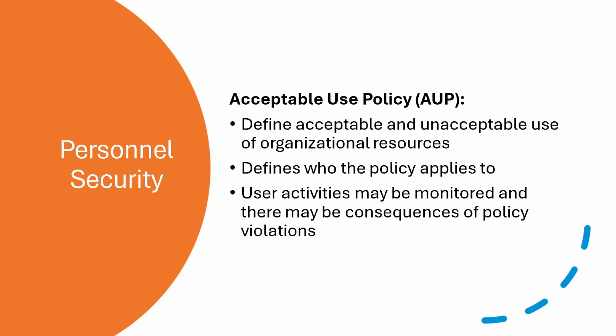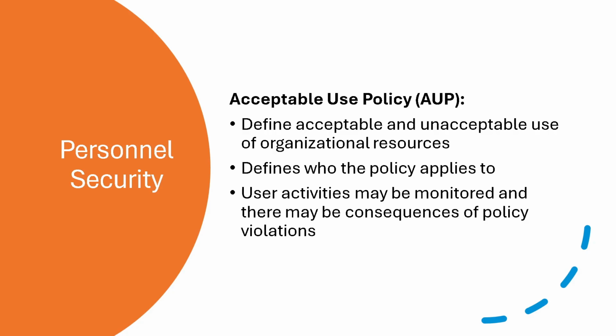Personnel security. Personnel security involves implementing policies and procedures to ensure that employees and contractors comply with security protocols to protect the organization's assets. Acceptable Use Policy, or AUP. An AUP is a set of rules and guidelines that define acceptable and unacceptable use of organizational resources, including computer systems, networks, and data.